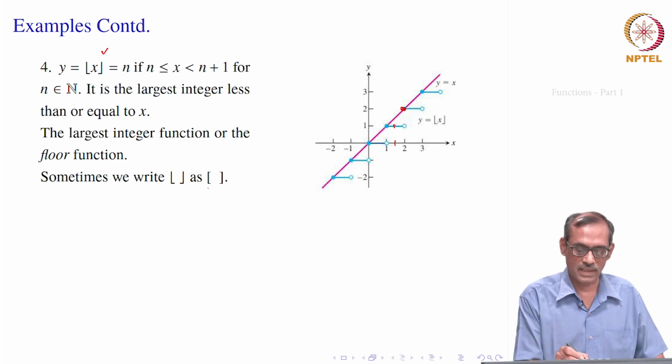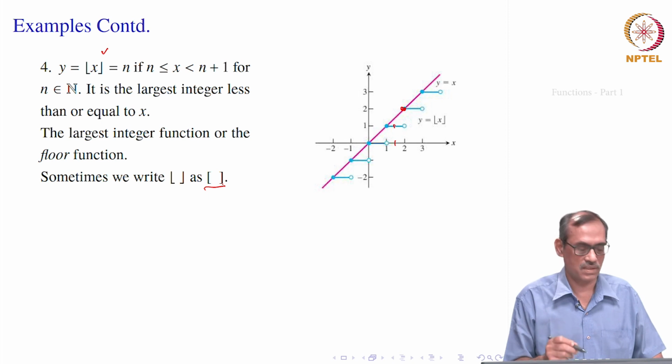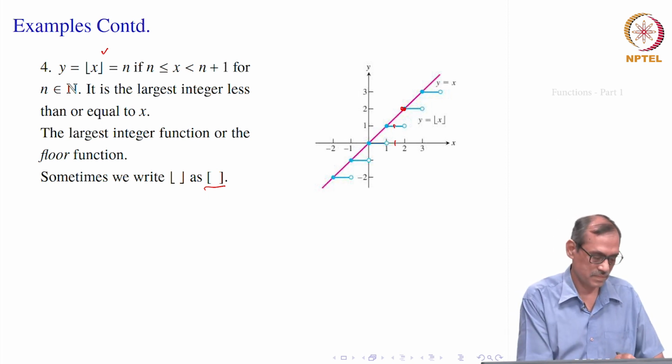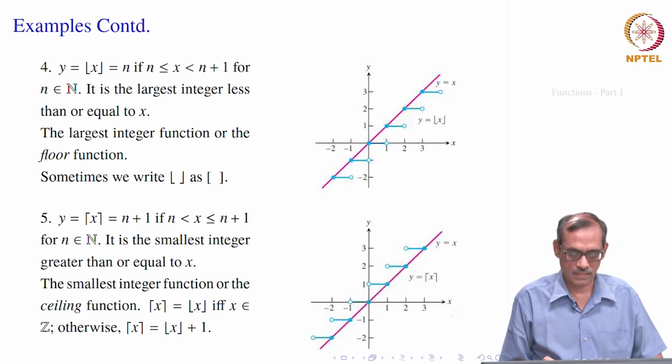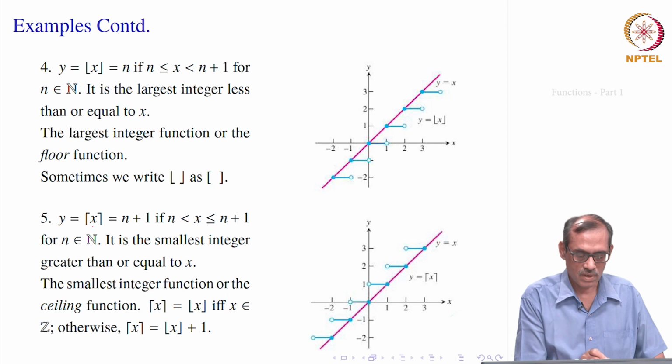Sometimes we write it as the integral value also, but there is confusion in notation, so we will write floor. There is a similar related function which is called the ceiling. So what does it do? It takes to the next value, that is y equal to ceiling of x, which is n plus 1 in the same interval, but look at the equality sign.